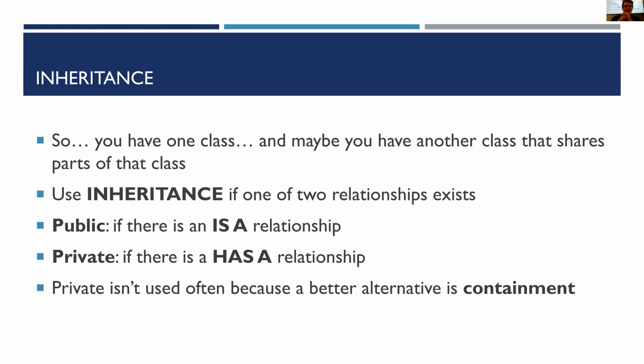But anyways, so we have inheritance here. Let's say you have one class, and then you have another class, and those classes have similar variables. They're objects that are similar. For example, maybe... Stephen, help me out here, let me look at your question.